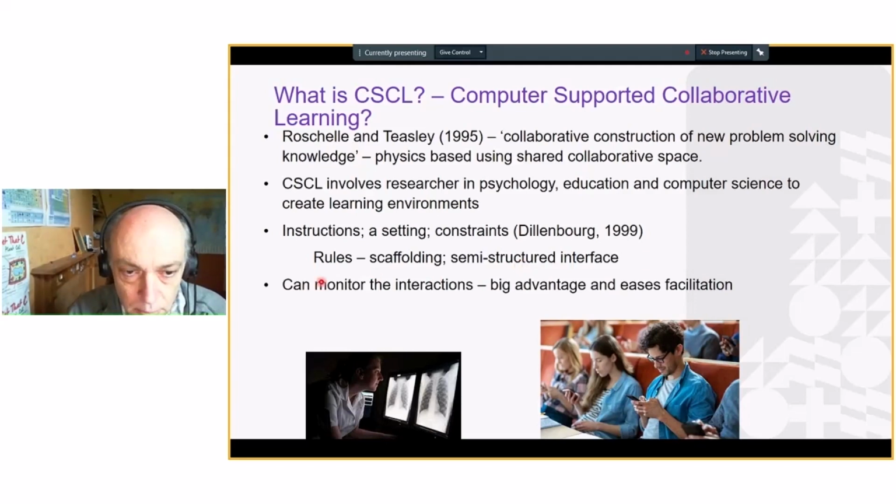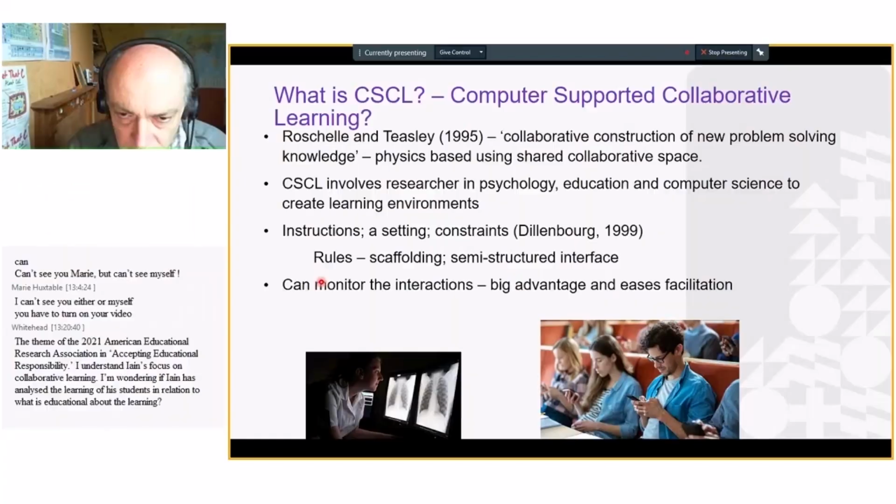We can also monitor the interactions as well. That's an important area. It's a big advantage. I can see who's contributed to the actual wiki, and it eases facilitation as well. If students are struggling in a particular area, I can push them in the right direction, and also use my big stick if I see that students aren't contributing so well.